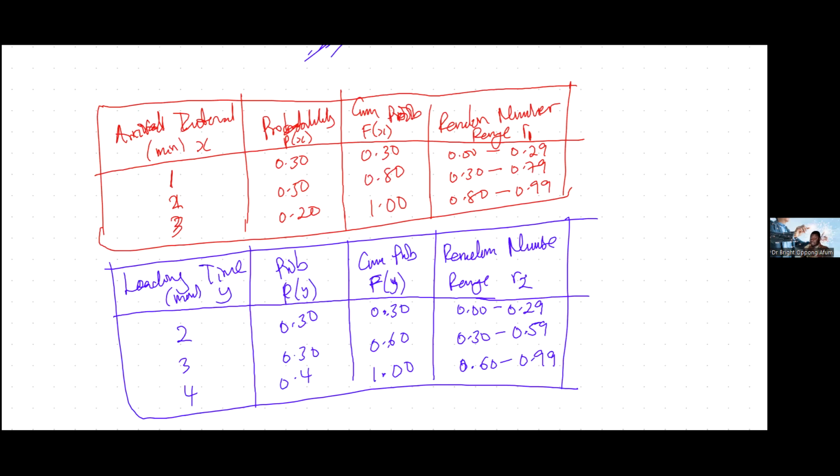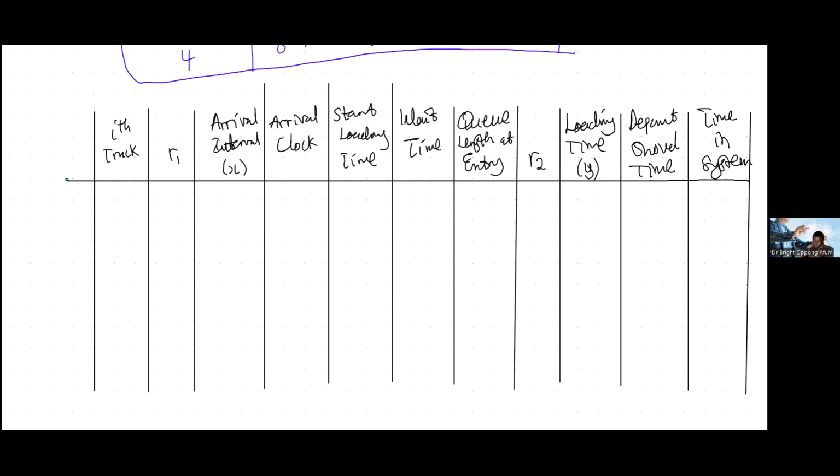So let's say that we are looking at the first 5 trucks that would arrive and get loaded. So let's develop the table now. So we have this system built up in terms of the first truck, which is arriving, the second truck, the third truck, the fourth one, and the fifth one, right?